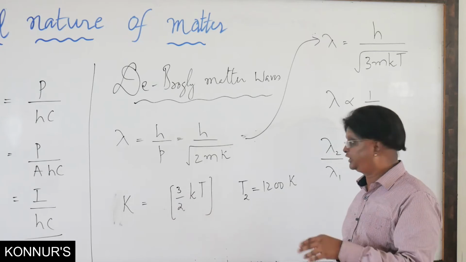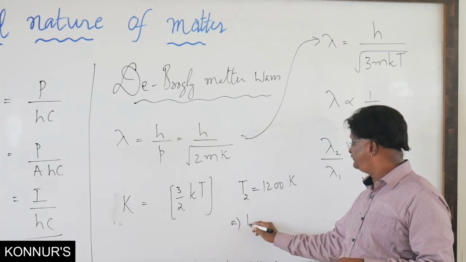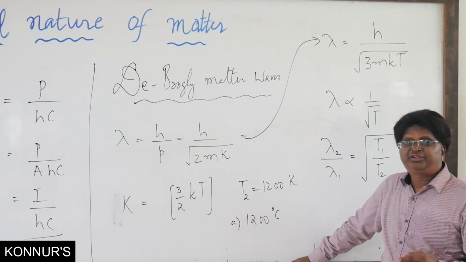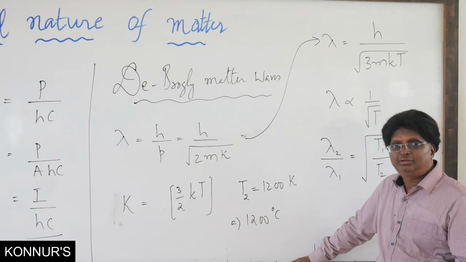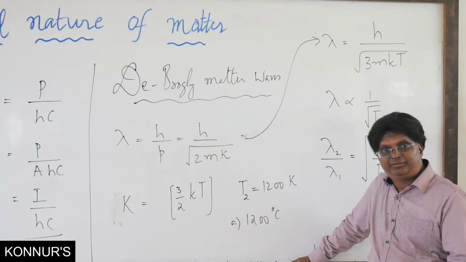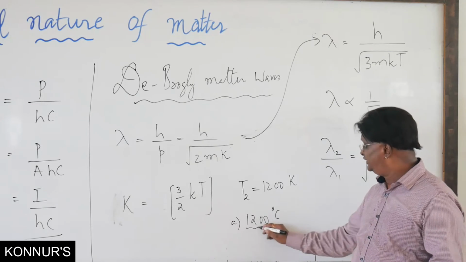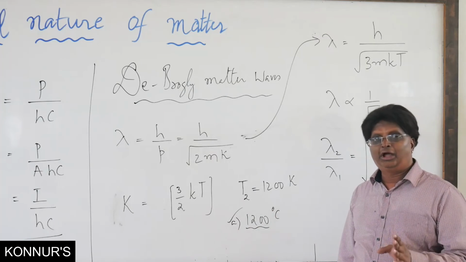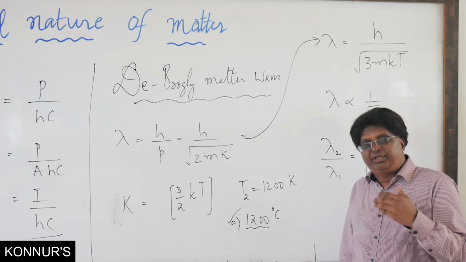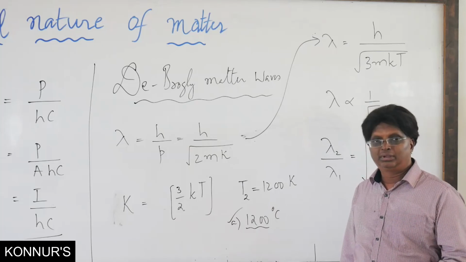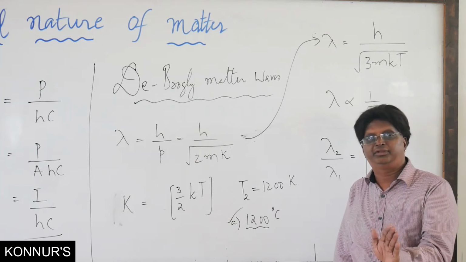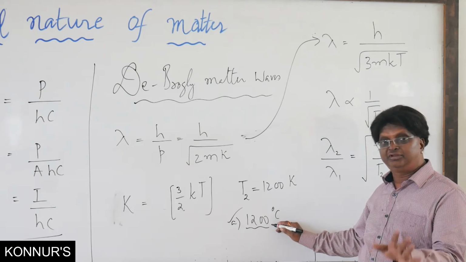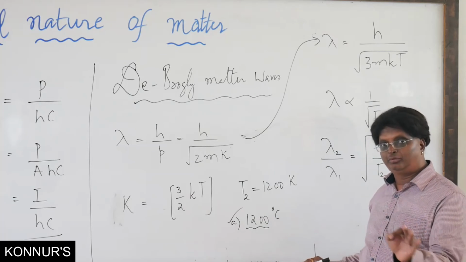Options A, B, C, D are given, and the first option itself is given as 1200, but in degrees centigrade. Generally, through oversight or a kind of negligence, some students look at the number and don't look at the unit, and that is how mistakes happen. As I have told you, be careful in the examination hall as much as possible. When it is a question of numbers, please be careful about the unit.